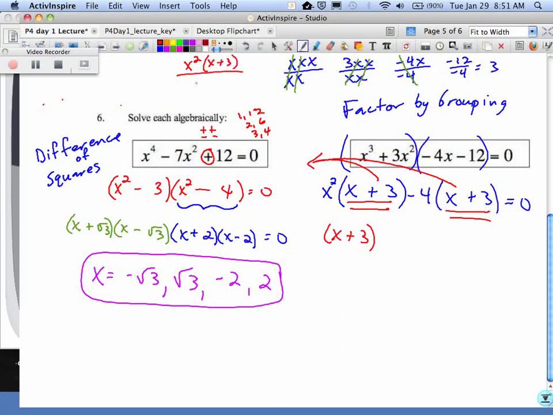If you pull the x plus 3 out, what's left? Minus 4. So you have x plus 3 and x squared minus 4. What did you learn about x squared minus 4? It's the difference of squares.